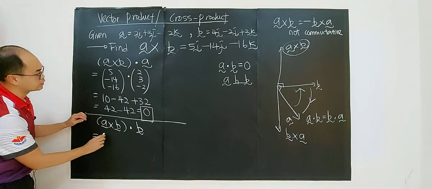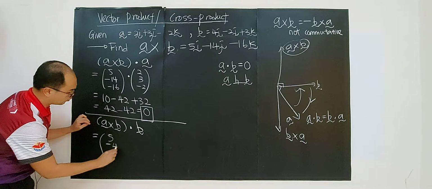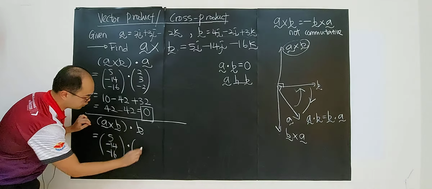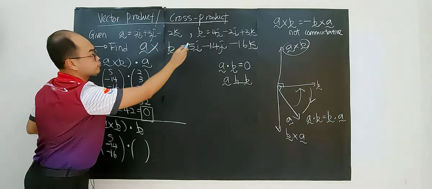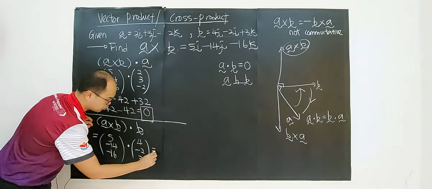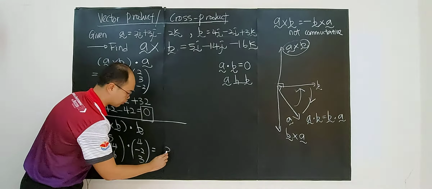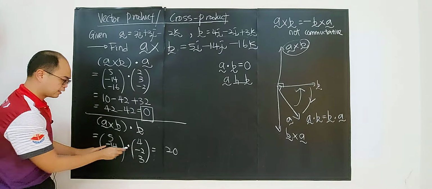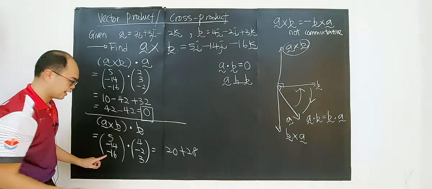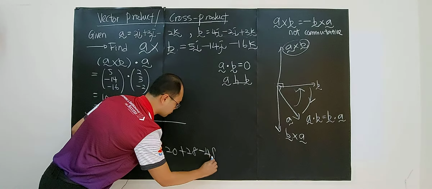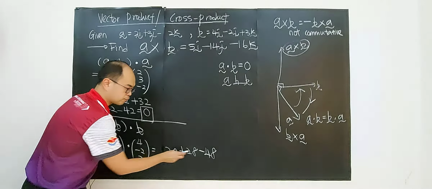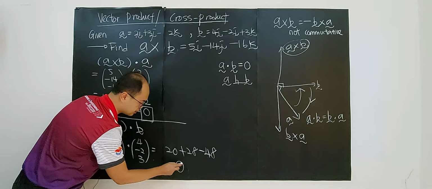So A cross B, which is 5, negative 14, negative 16, dot with B, which is 4, negative 2, 3. 4 times 5 is 20, plus 28, that is 48, and 16 times 3 is 48. Minus 48, you are still getting 0.